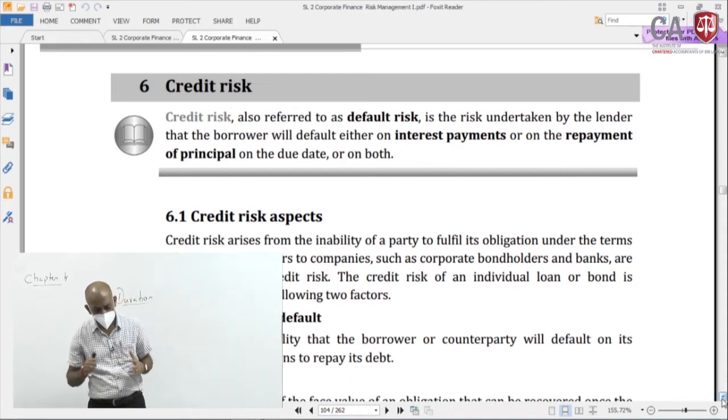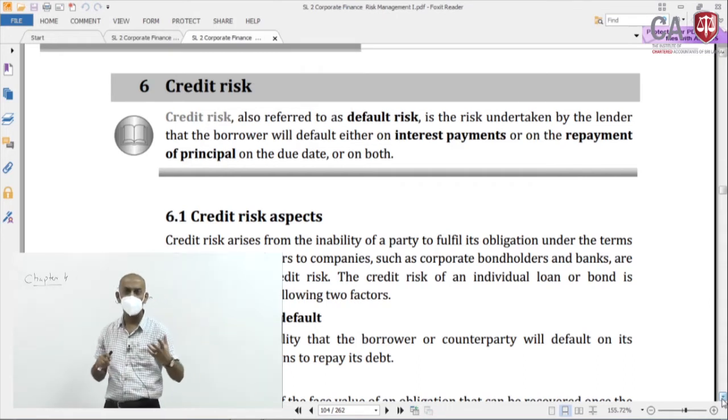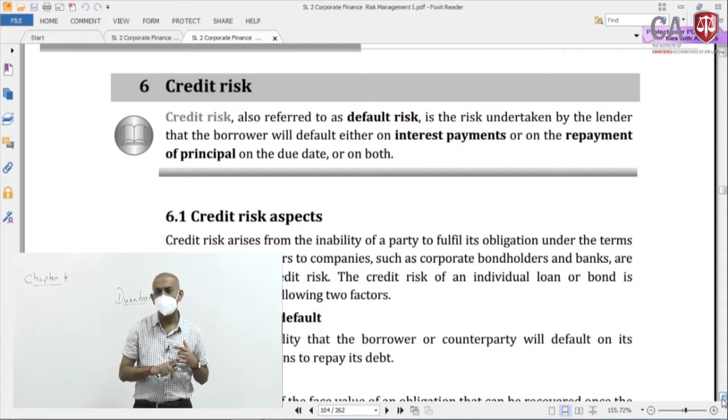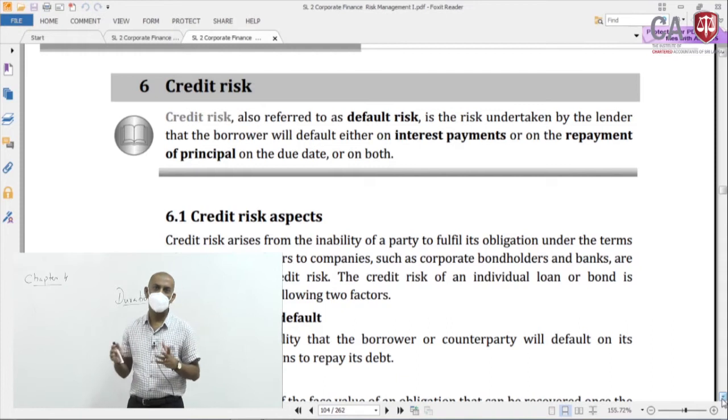If you are very sure that this company will not default, then there is no credit risk or default risk. But if you think there is a percentage of risk, then there is a risk involved.